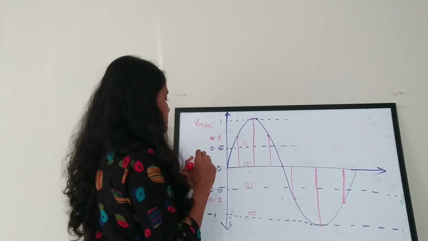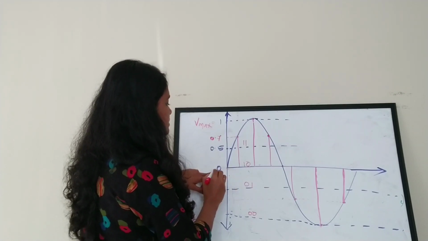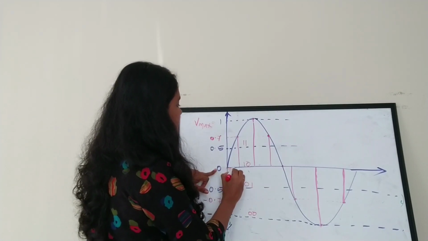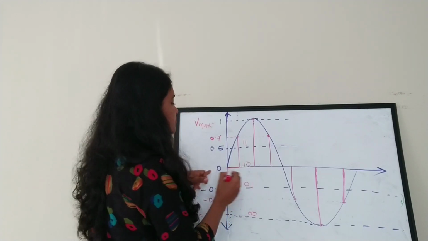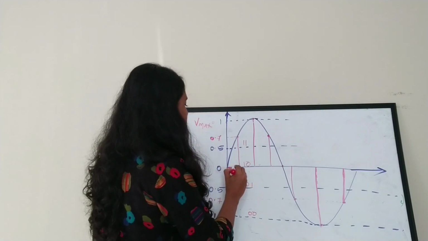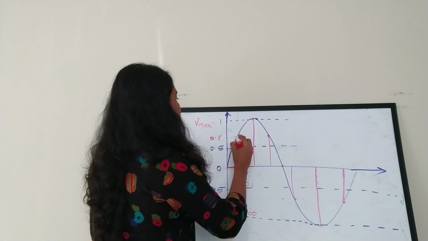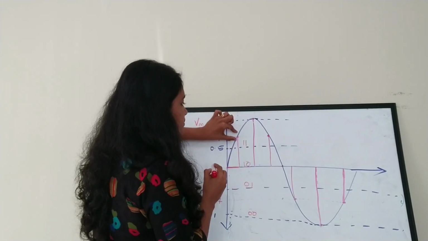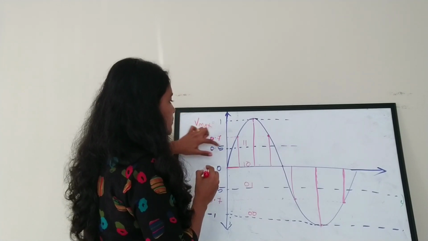First, let's see this sample. It is at 0, and we already have a quantization level at 0, so it will look like this. Considering the next sample, the value is at 0.7 volt.